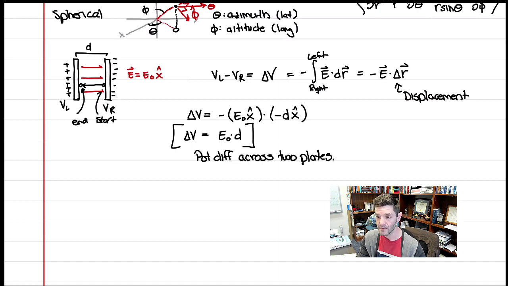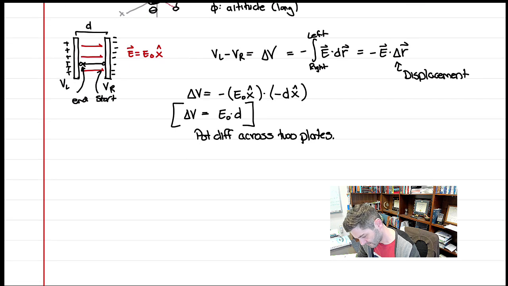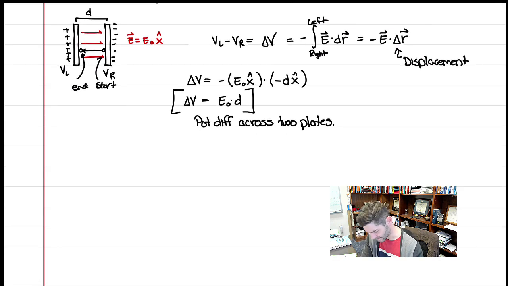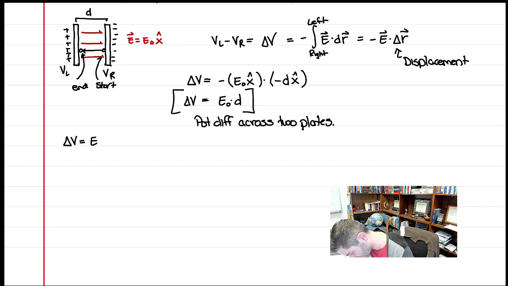I think here it's worth talking about different kinds of notation you will see, which I personally find very confusing. We just derived that delta V is equal to E times d.